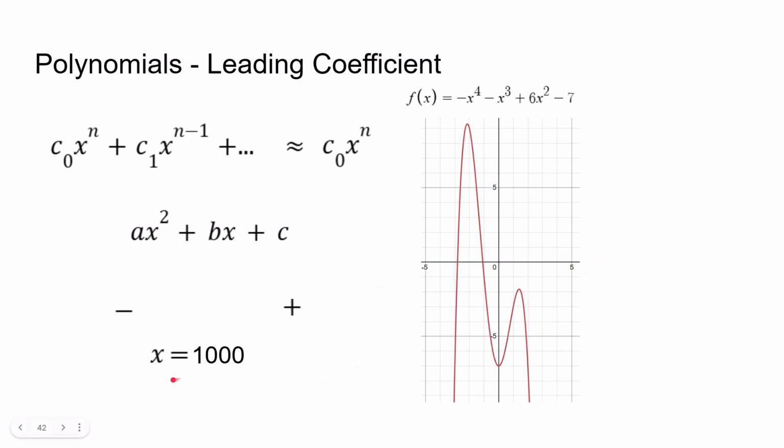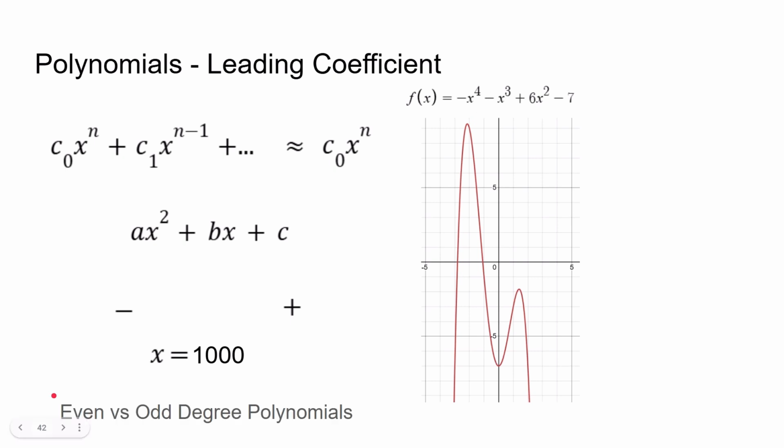So if we imagine we plugged in x equal to 1,000 for this, we would get negative a trillion minus a billion plus 6 million minus 7, which is like negative 1.001 trillion. So this is just approximately this first term, right? It's approximately negative a trillion.